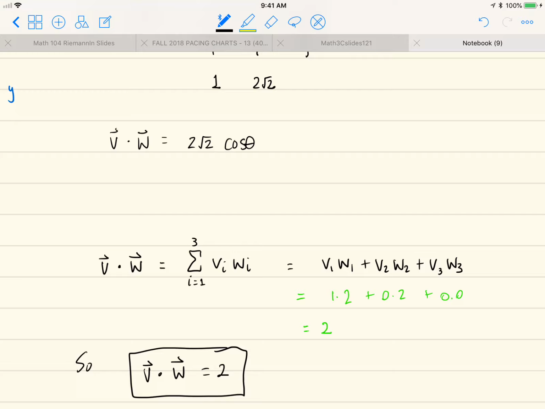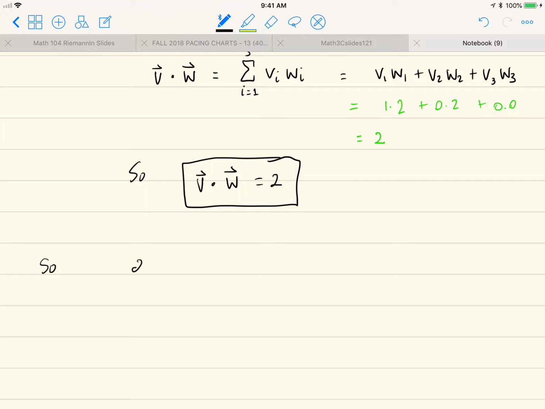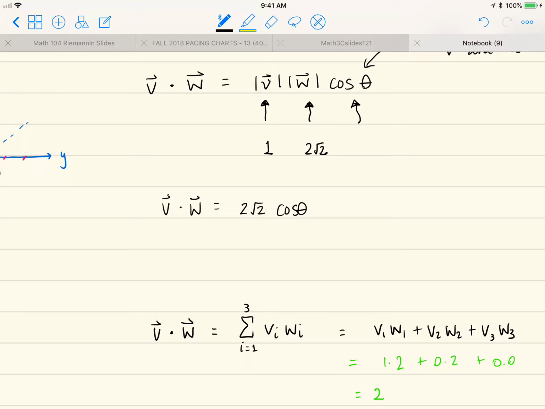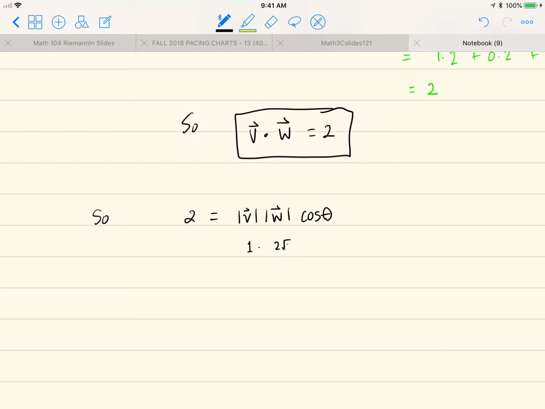Now let's use the fact that it's equal to 2 to find theta. So 2 must be equal to the magnitude of w times the magnitude of v times cosine of theta, where theta is the angle in between v and w. But we already know the magnitude of v is 1 and the magnitude of w is 2 root 2. So we can substitute: 2 is equal to 2 root 2 cosine theta.